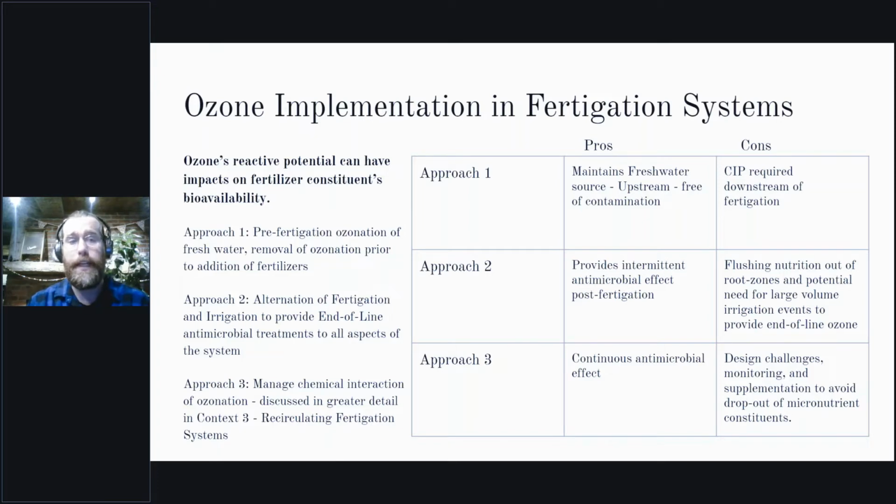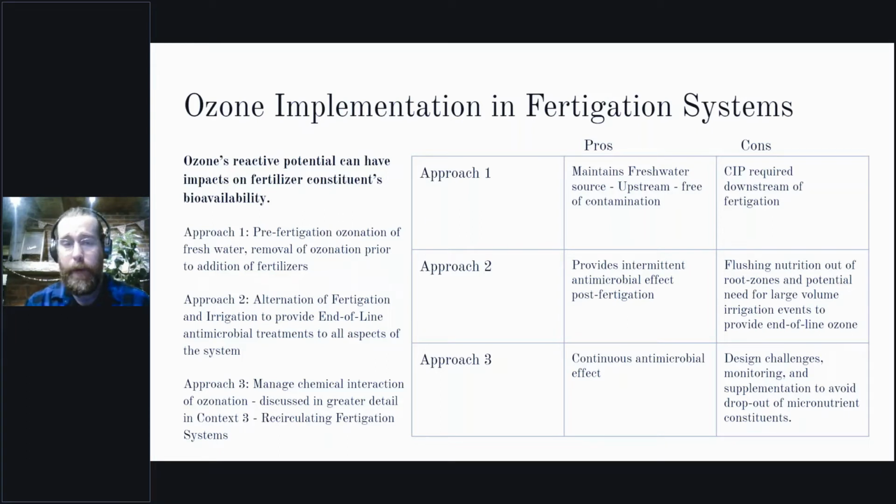Approach 2 is to alternate the fertigation and irrigation with ozonated water to provide end-of-line antimicrobial treatments to all aspects of the system. So approach 2 is giving you intermittent antimicrobial effects post-fertigation, which can be effective, particularly if the lines are free of biofilm, and this can be a way to maintain them.